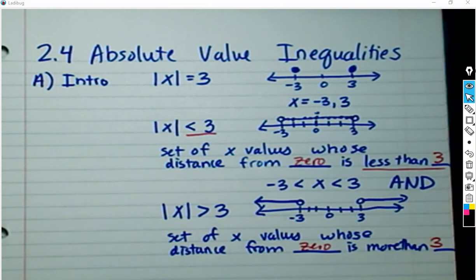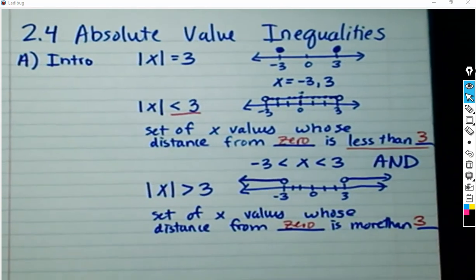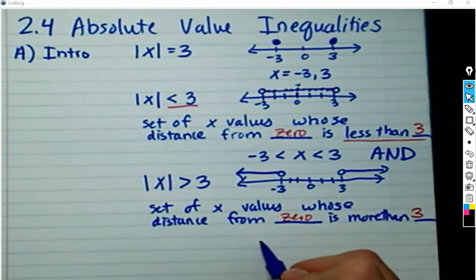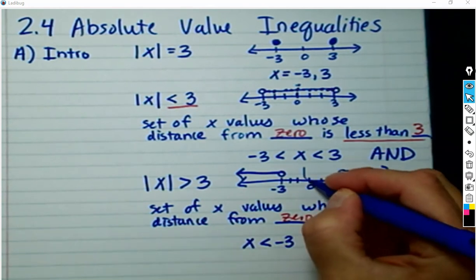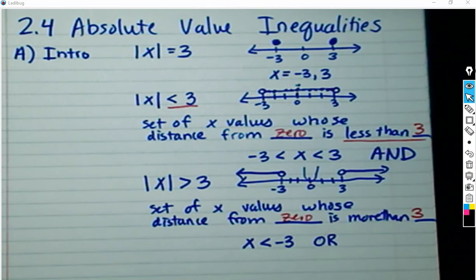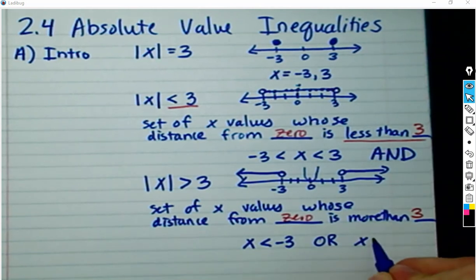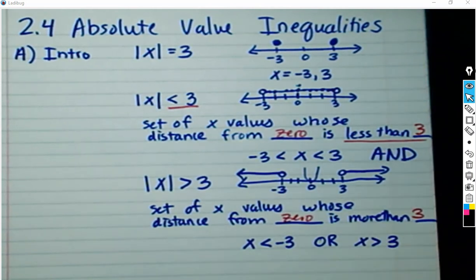Now I'm going to write the inequalities that describe that. X goes to the left of the negative side. Or, because I have an oars to row my boat, that goes in between these two things. Or, X is more than 3.